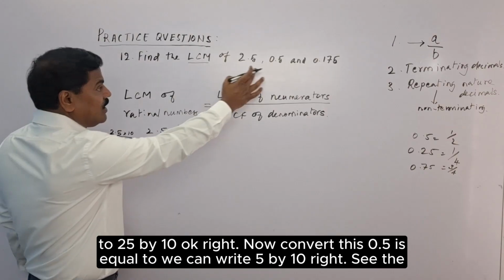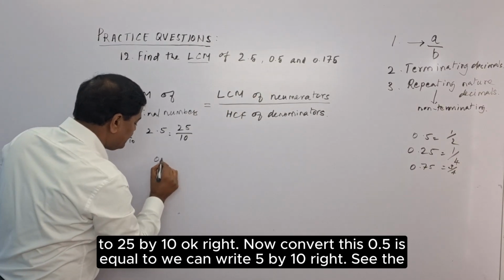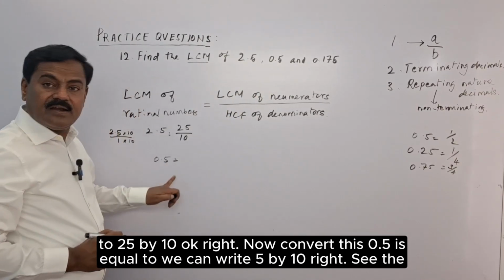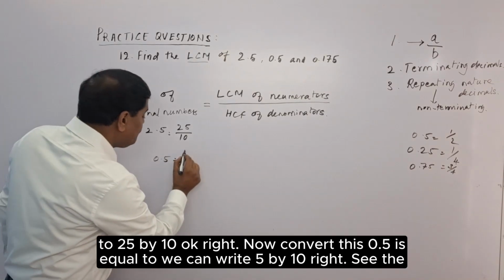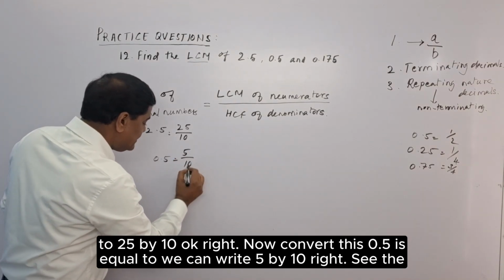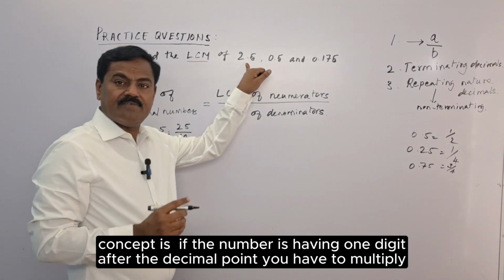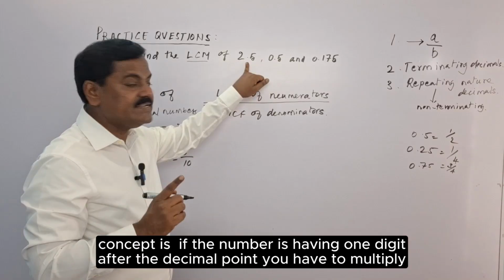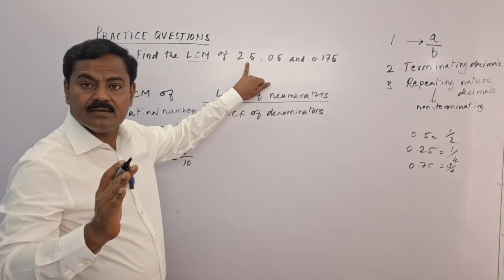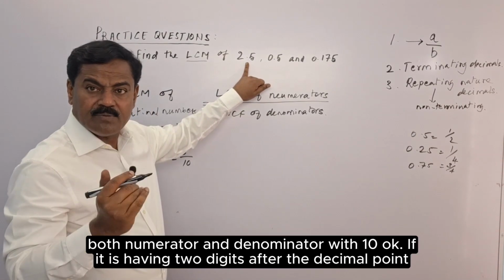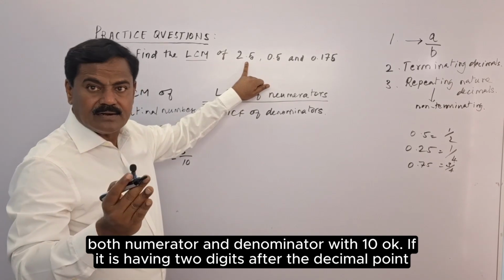Now convert 0.5, we can write 5 by 10. See, the concept is, if the number is having one digit after the decimal point, you have to multiply both numerator and denominator with 10.